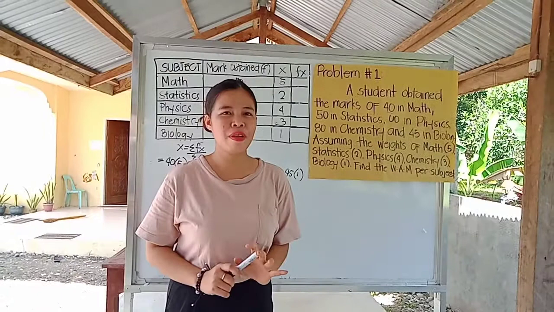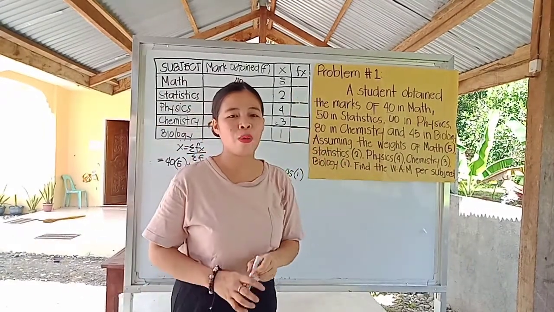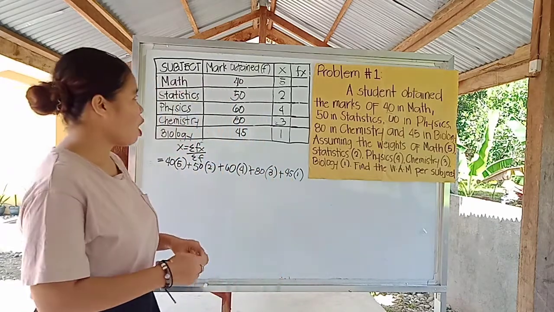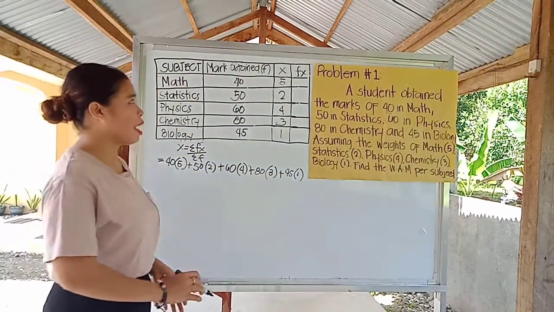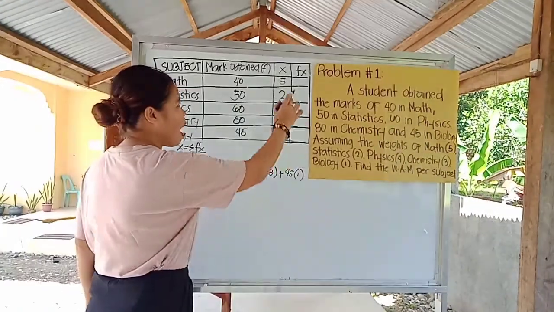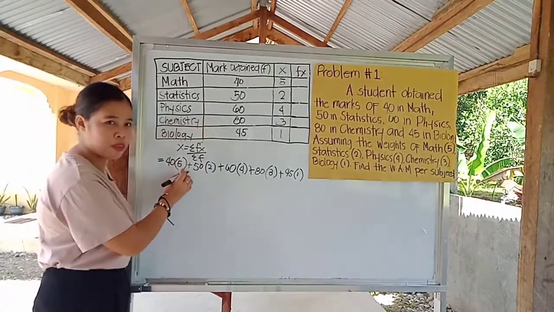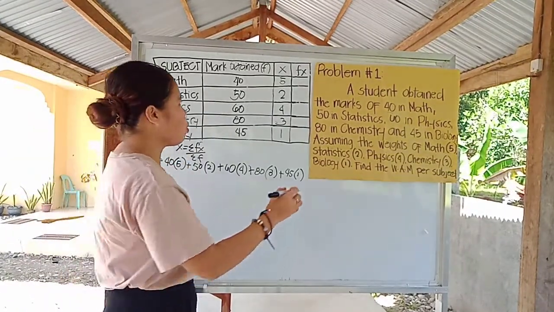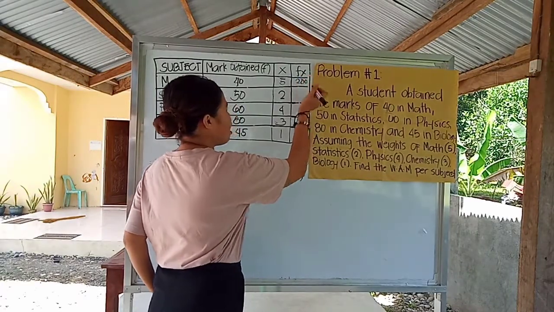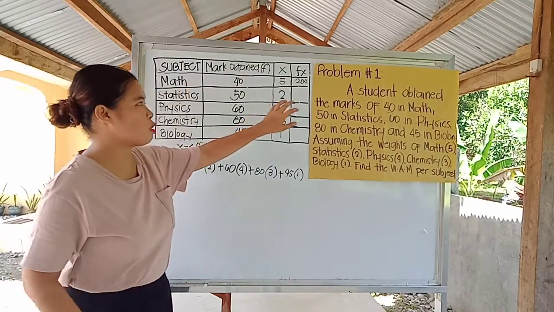So this time, we are going to find our fx, or our sum of all products. We are going to multiply the mark obtained times the assuming weight. So, 40 times 5 is equal to 200. So, the fx, or the sum of all products, in math is 200.